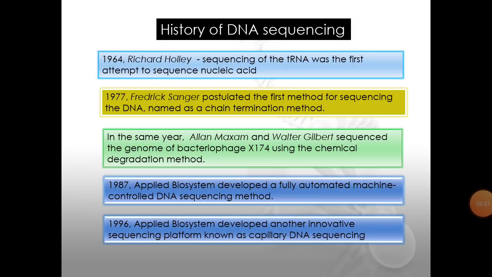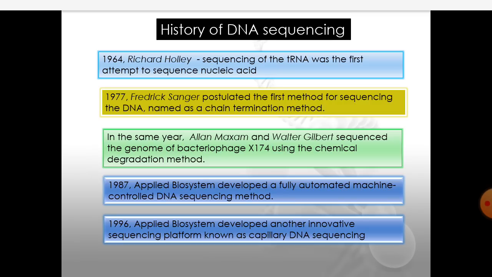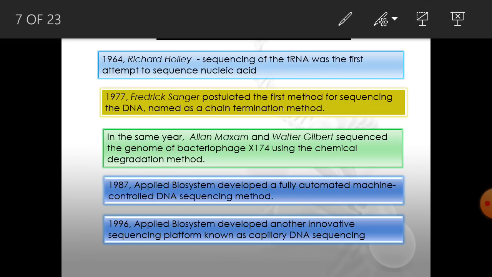Then later on, in the year 1987, Applied Biosystems developed a fully automated, machine-controlled DNA sequencing method. After the development of this fully automated machine, this era became a golden period for the sequencing platform.